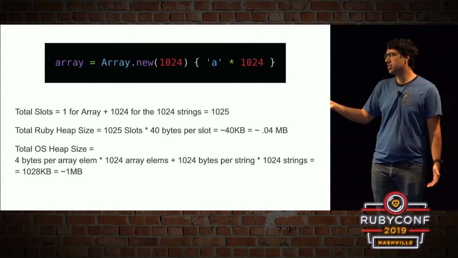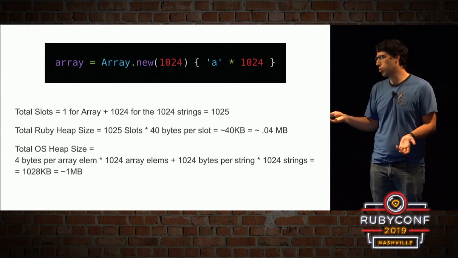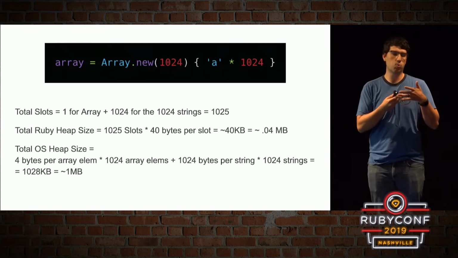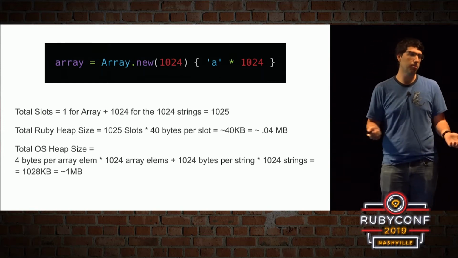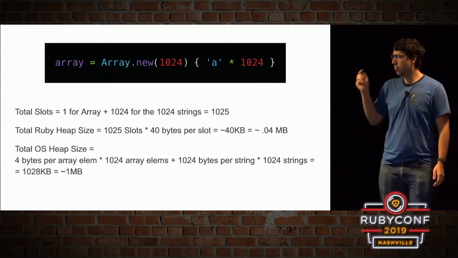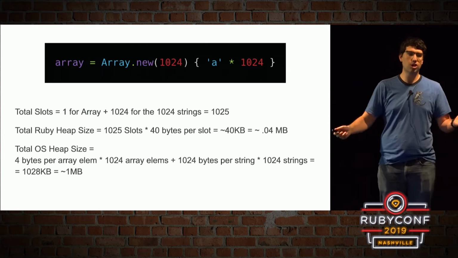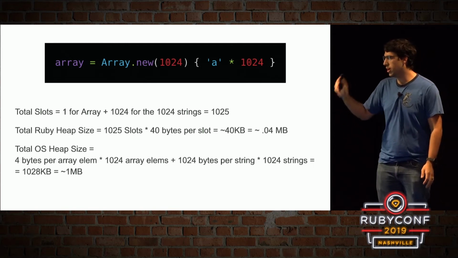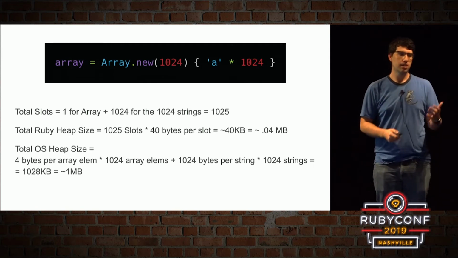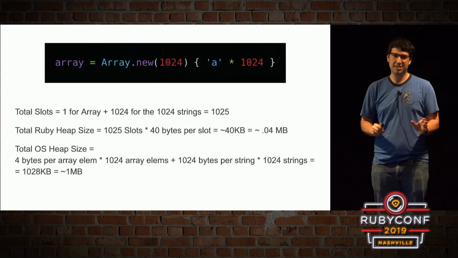And because it's 40 bytes a slot, the total size in the Ruby heap should be about 40 kilobytes. The OS heap, on the other hand, actually stores all of the data. It's a lot bigger. We'd expect around a megabyte.